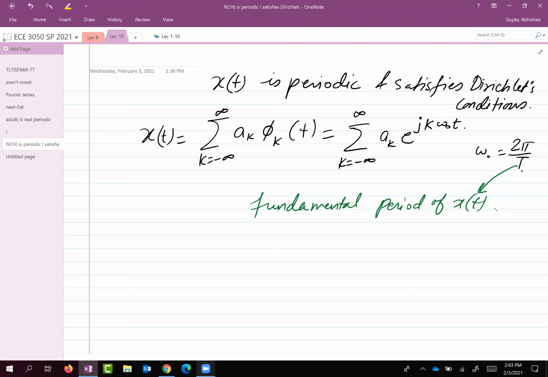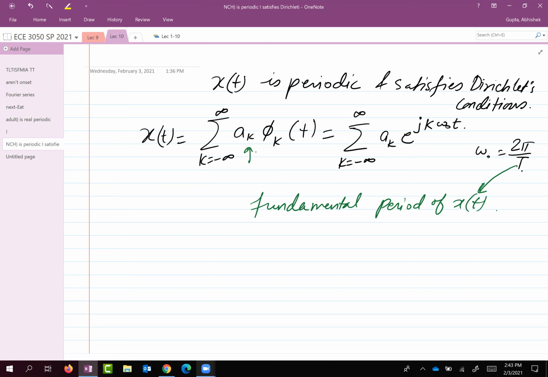Okay, so some mathematician comes to us and tells us, look, you have a periodic signal that seems to satisfy Dirichlet's conditions, so you can write it in this format. But as engineers, it's not just helpful to know in what format we can write this periodic signal. We actually would like to know what the values of a_k are. Just knowing that we can write x(t) in this form is not really very useful.